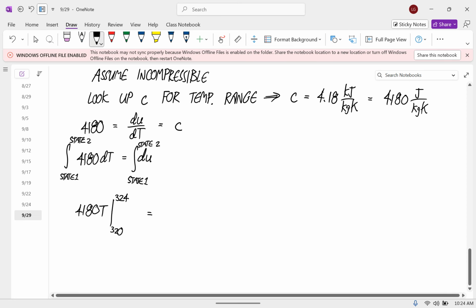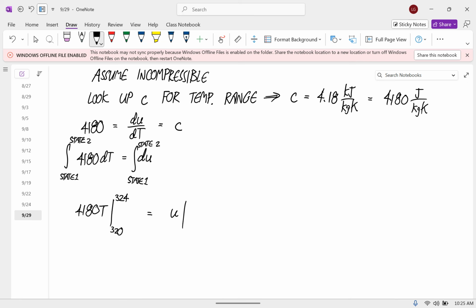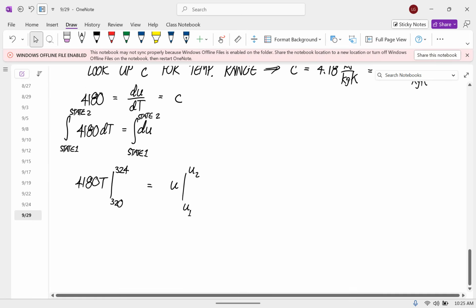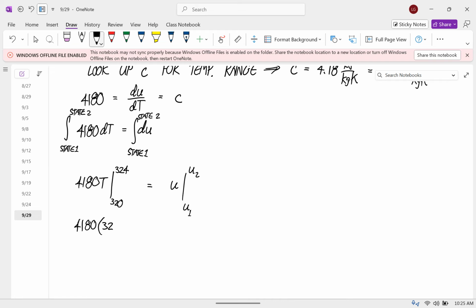And then if we integrate this one, we get U evaluated from, I'm just going to write this as U1 to U2. Do these evaluations and you get 4180 times the quantity 324 minus 320 is equal to U2 minus U1.